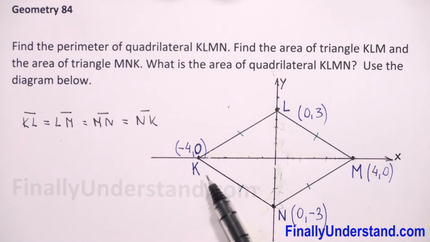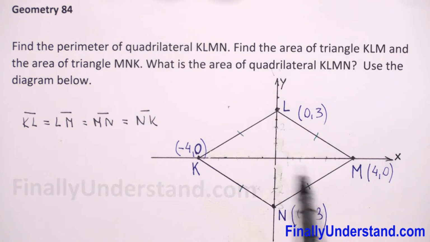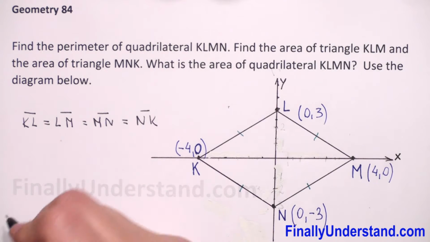We can use K, L, or L, M, or M, N, or N, K. It doesn't matter which segment we use. The distance will be the same. So let's find the distance of segment KL.